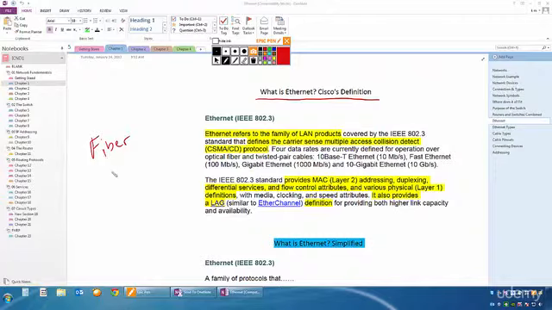If I send it over an Ethernet cable, well, that's funny because we call them Ethernet cables. This becomes a term that we usually use as a means of saying, okay, we're using an Ethernet cable.